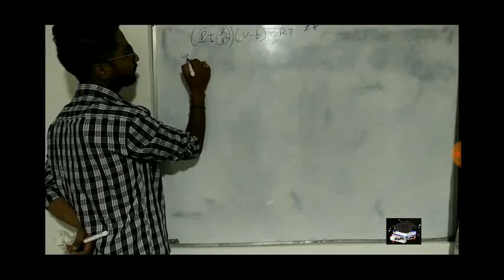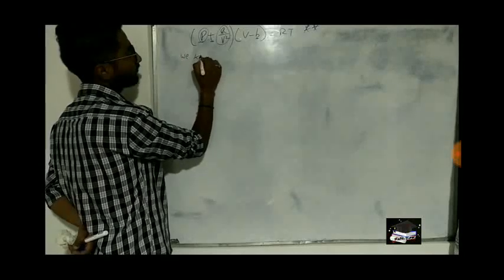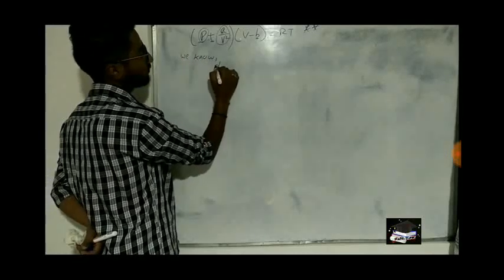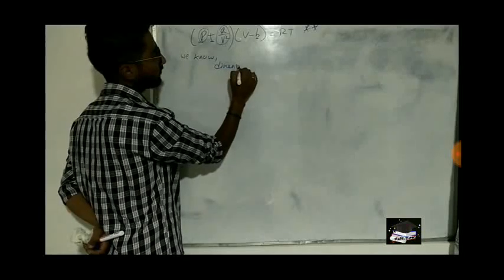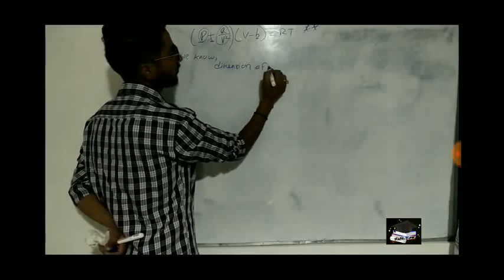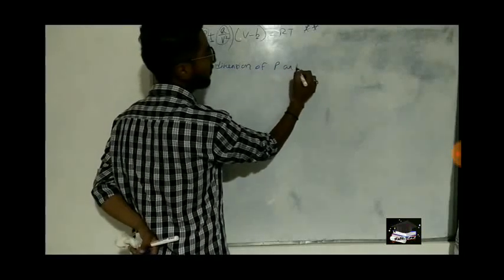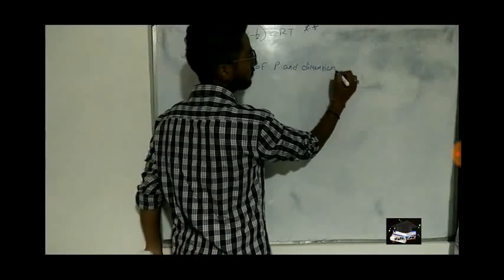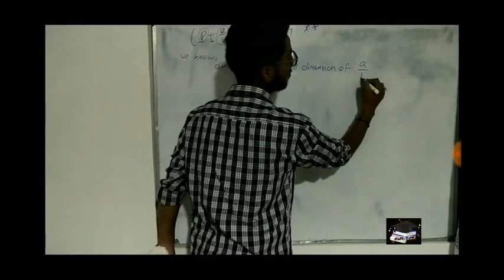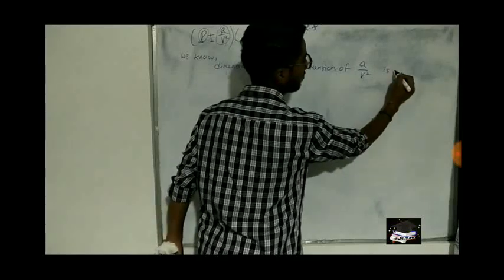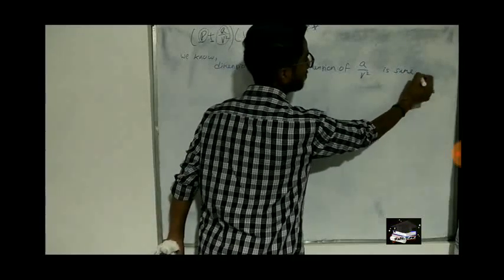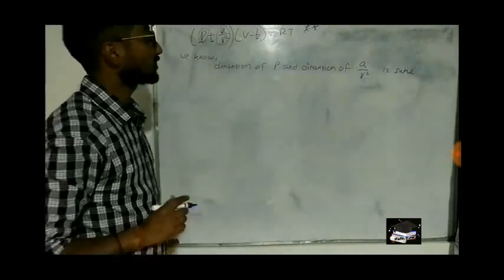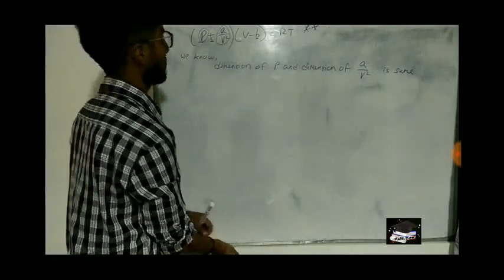We know the dimension of P and the dimension of A by V square is the same.